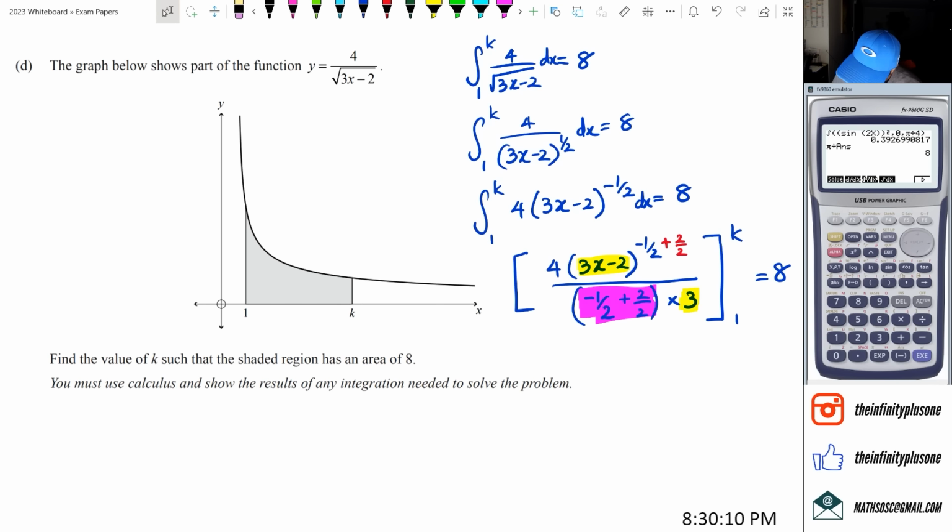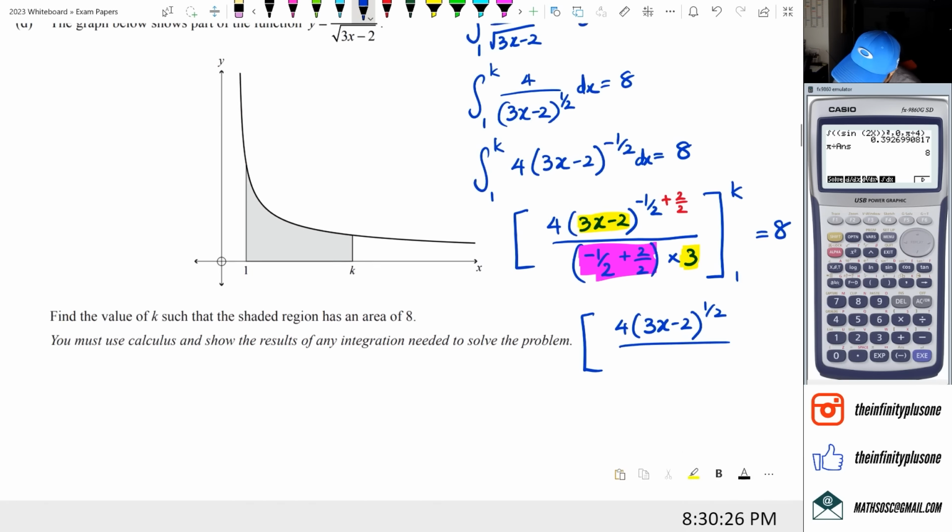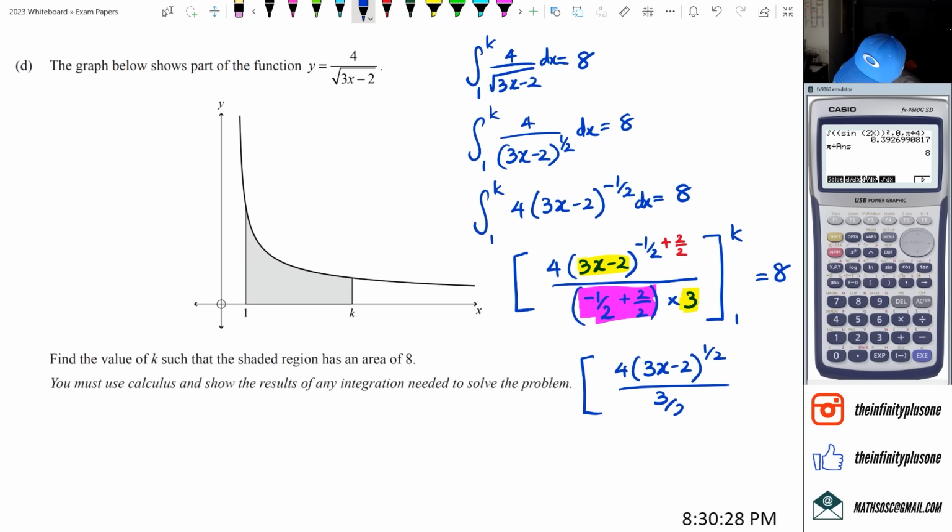So anyway, carrying on, we've got 4(3x - 2) to the power of 1 over 2 divided by, we're going to get 1 over 2 as the pink bracket, the pink stuff that's highlighted. 1 over 2 times 3 is 3 over 2. All of this is between k and 1 equals 8.